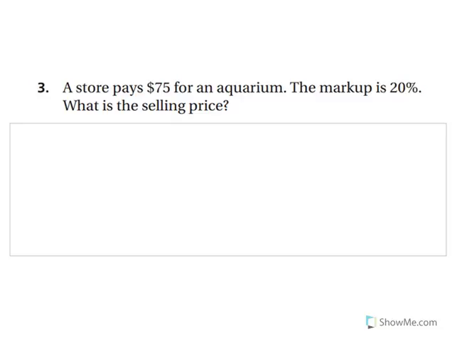Number 3. I believe this is our last problem of the notes. It says a store pays $75 for an aquarium. The markup, I mean it's going to go up in price, is 20%. What is the selling price? Now, as you know, I prefer doing, well, I know it's 100% is full price, plus the 20 gets me 120, so 120%. So I'm going to take that $75, I'm going to multiply it by 120%, which is 1.2.